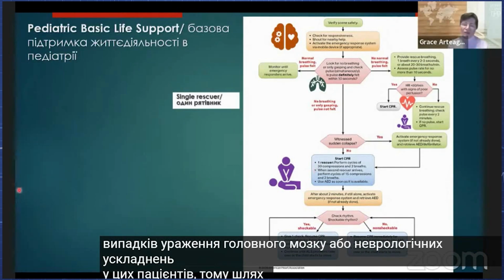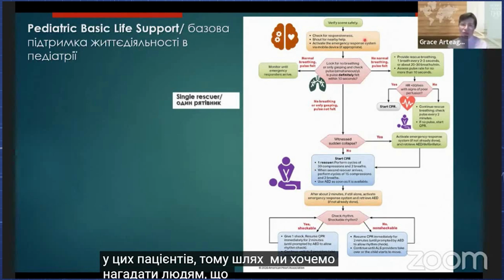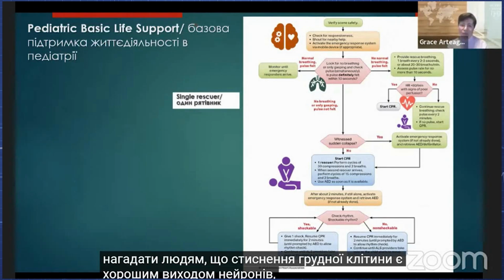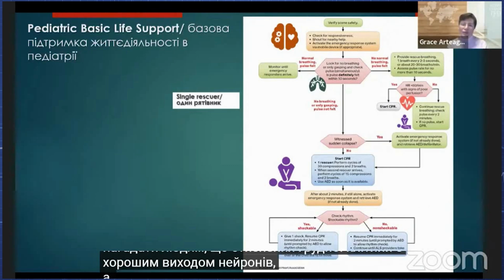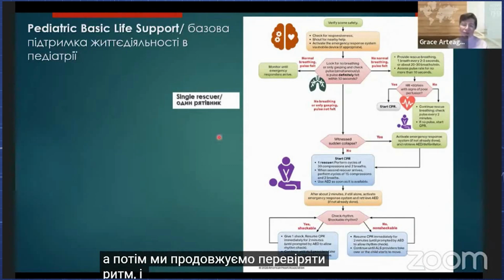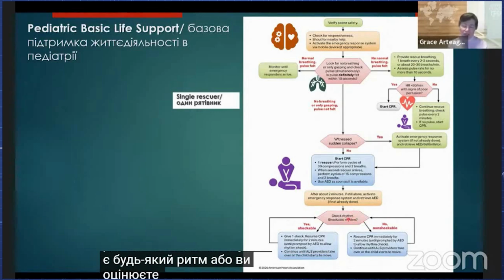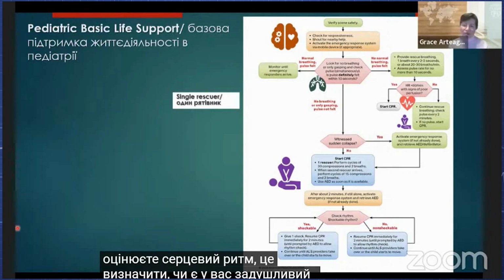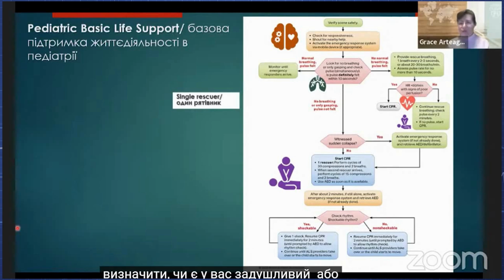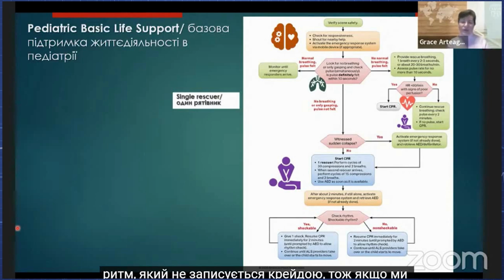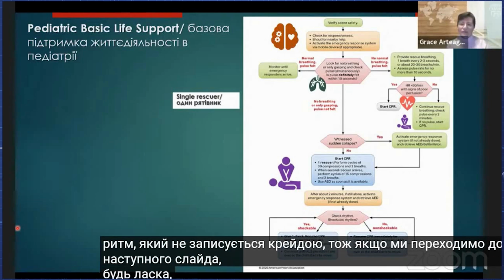So the way we want to remind people is good chest compression is good neuron output. And then we continue to check the rhythm. And the important thing when you are assessing for a cardiac rhythm is to define if you have a shockable or a non-shockable rhythm. So if we go to the next slide, please.